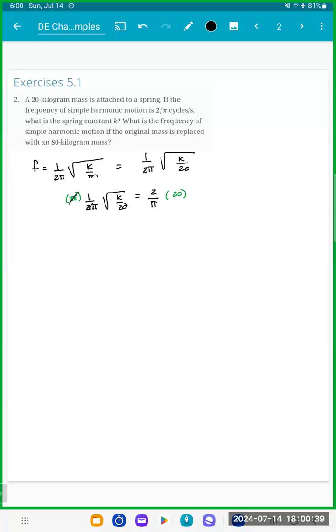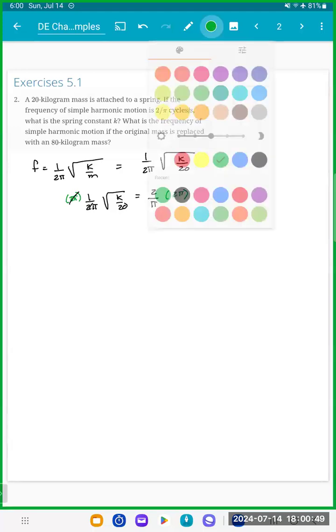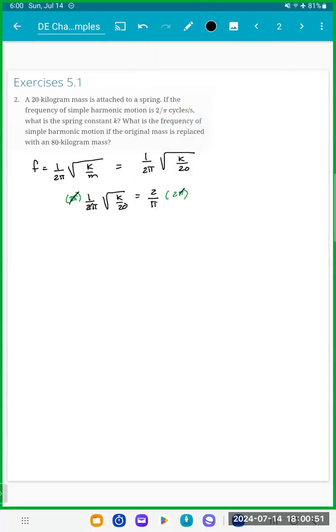This is going to leave us with, I don't know why I put 20 here, it should be 2 pi. And so this is going to cancel the pi's out here, and that will leave us with the square root of K over 20 is equal to 4.